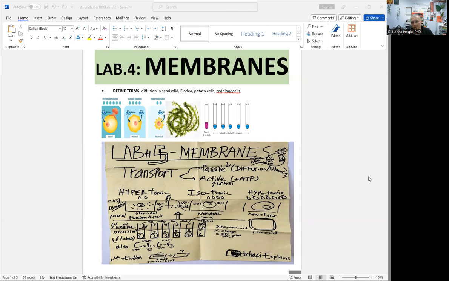If we start with 5%, we end up with 2.5, 1.25, 0.625, 0.3, and 0 in test tube 6, the last test tube. You can also use the formula I mentioned in the lab, C1 times V1 equals C2 times V2, to do the same thing.